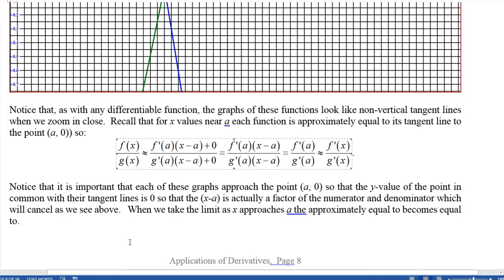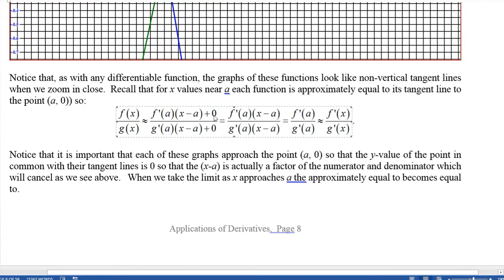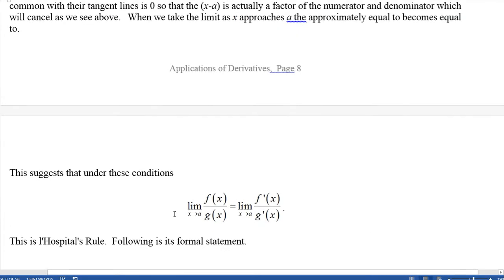Now, if we take the limit as x approaches A, these approximately equal to's basically become equal to's. So we see that the limit as x approaches A of f of x over g of x is the limit as x approaches A of f prime of x over g prime of x. And that's basically what L'Hopital's rule says.